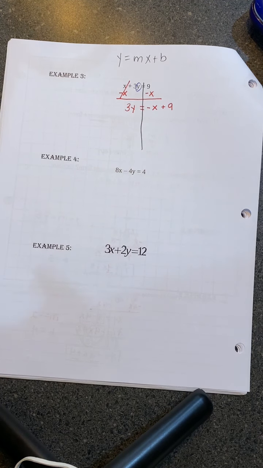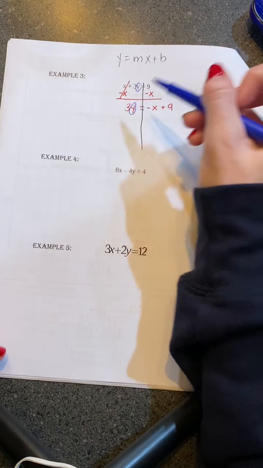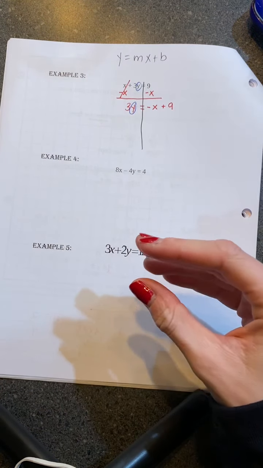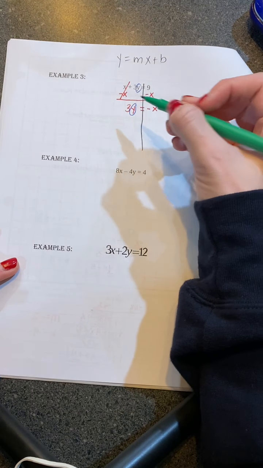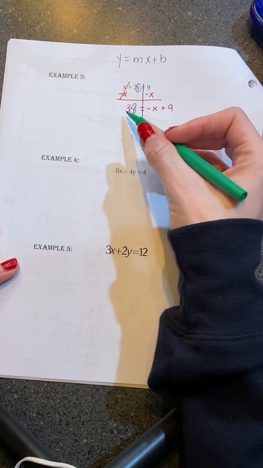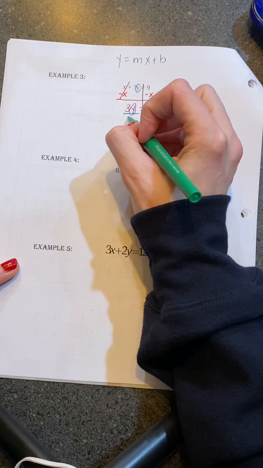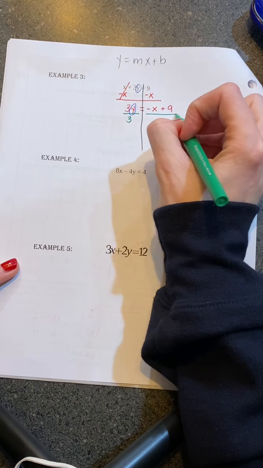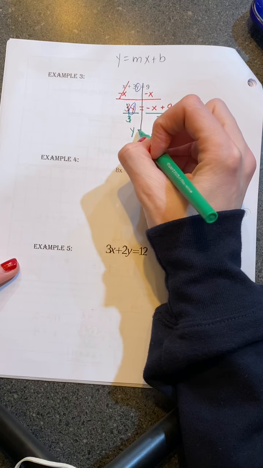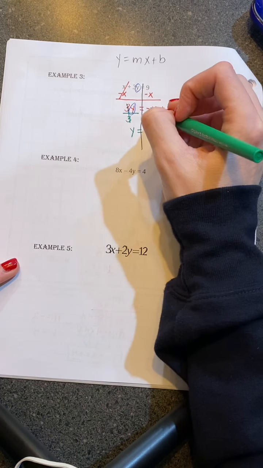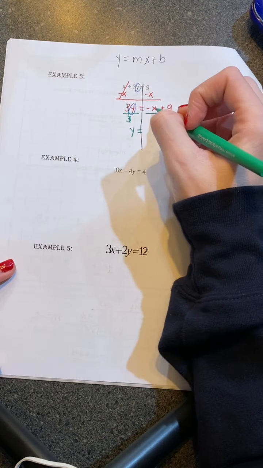Now the y still is not by itself. So the 3 and the y are being held together by multiplication. So the opposite is to divide by 3. And I'm going to divide by 3 on both sides. My 3's will cancel and I get just y. What's the invisible number with the negative x?